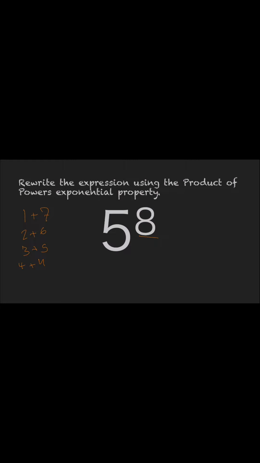So in this example, I'm going to do 3 of these so that we can get the idea. So what numbers should I use? I'll use 4 plus 4, 2 plus 6, and 1 plus 7. So using the 1 plus 7, knowing that 1 plus 7 is equal to 8, how can we rewrite this?